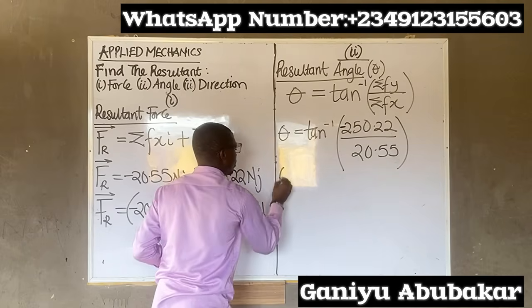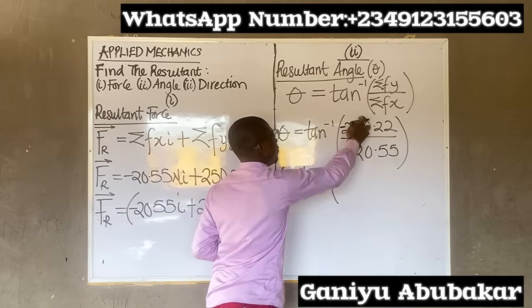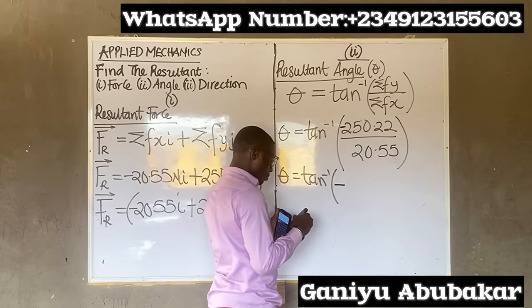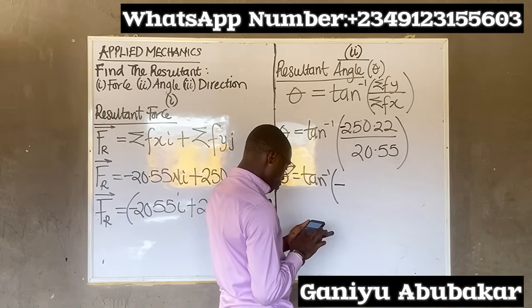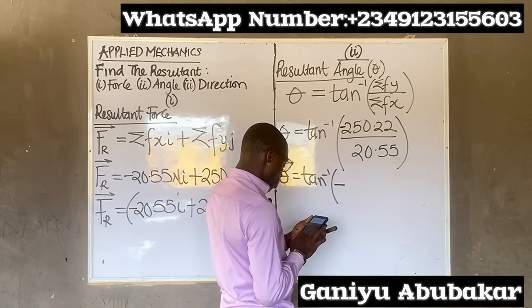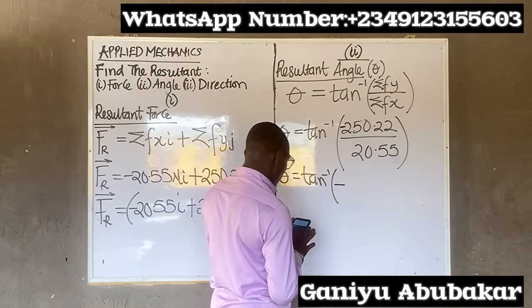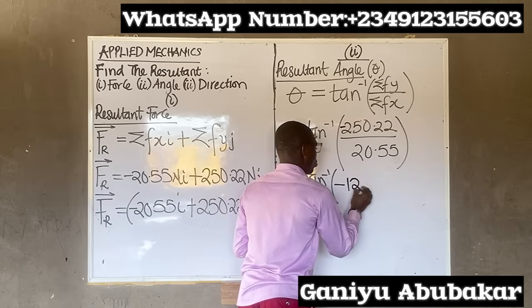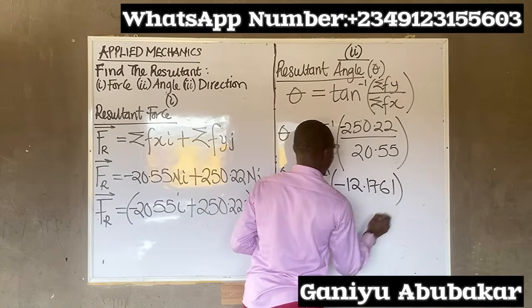From here, theta equals tan inverse of, divide these two values, that gives you negative something. Divide the value, 250.22 divided by 20.55, that gives 12.1761.